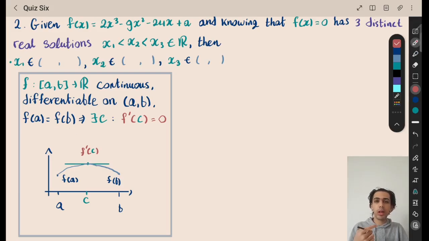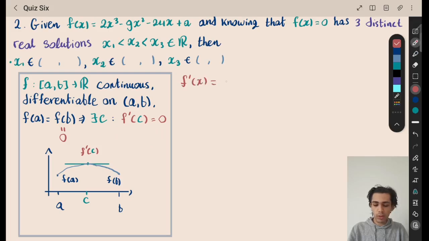So it's like we're going in the other way. This is not always true, but if these conditions are true, and we know that there are roots, so what is a root? It is a point at which f of A is equal to f of B is equal to 0. Then we know that there are C's in the middle between the zeros, which are the roots of the function. So let me start by taking the derivative of f.